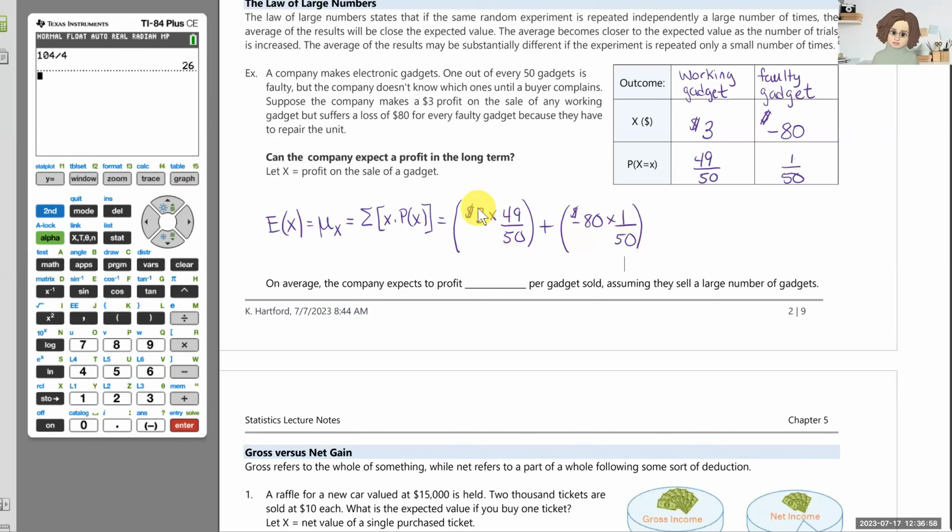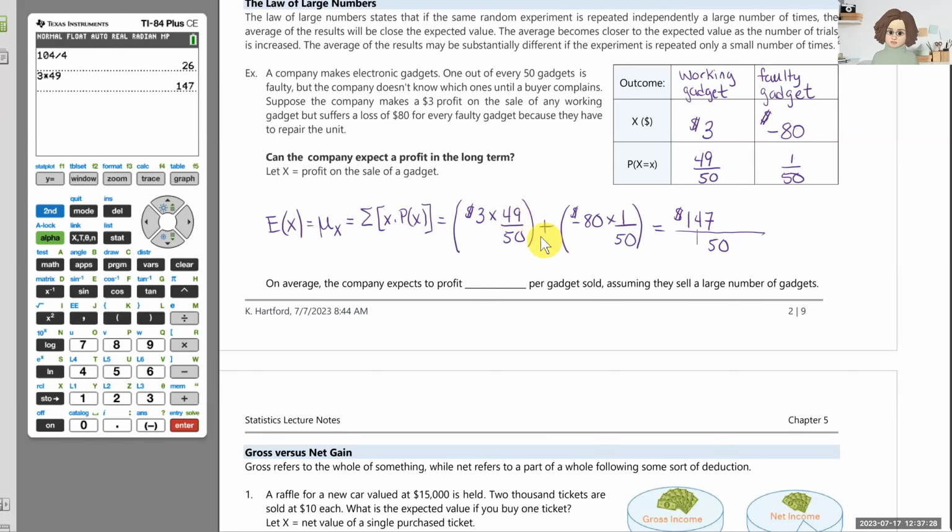So let's look at numerators here. So I have my common denominator, 50. So the numerator is 3 times 49. So in theory, out of the 50, they'll be making a total of $147 based on 49 of their gadgets being good.